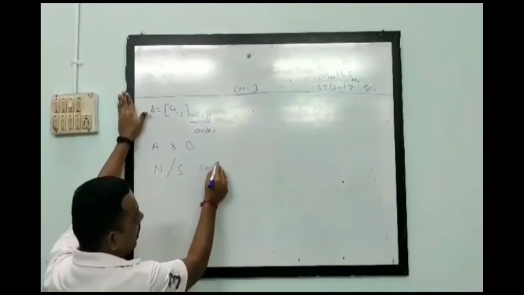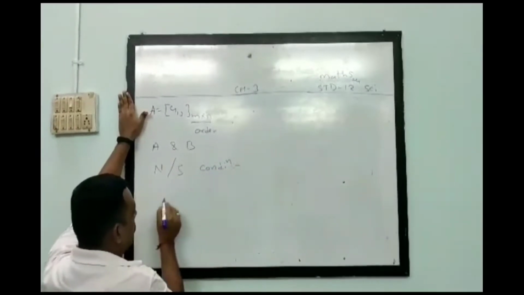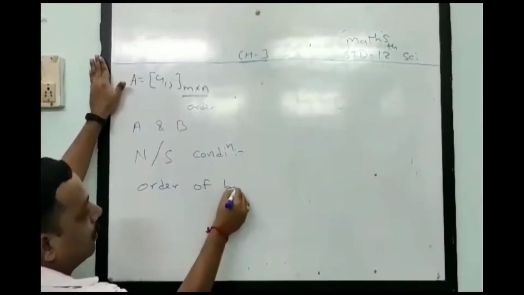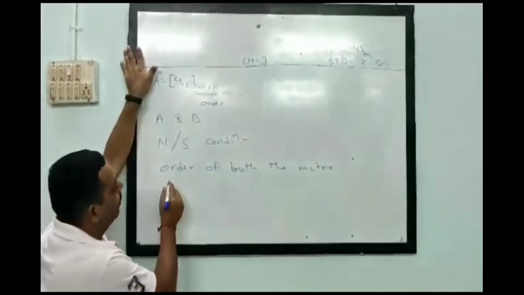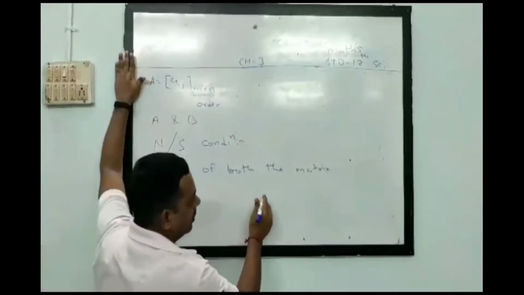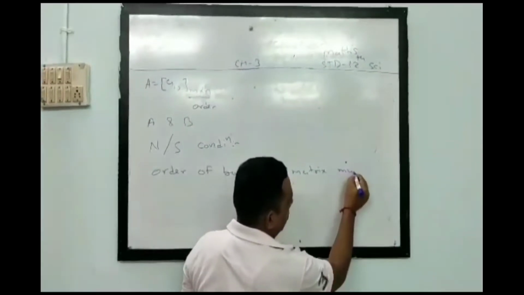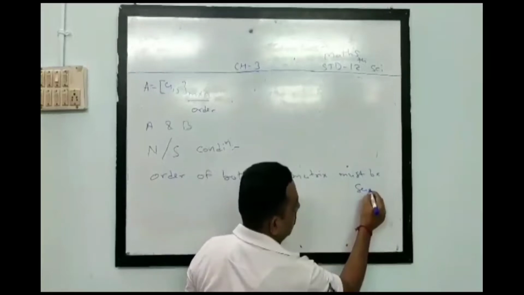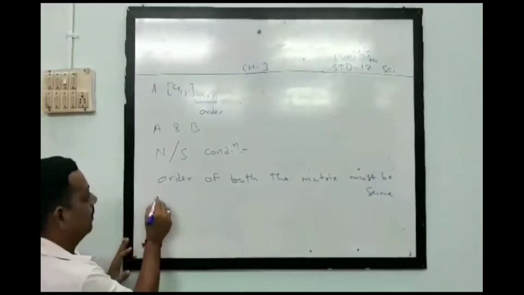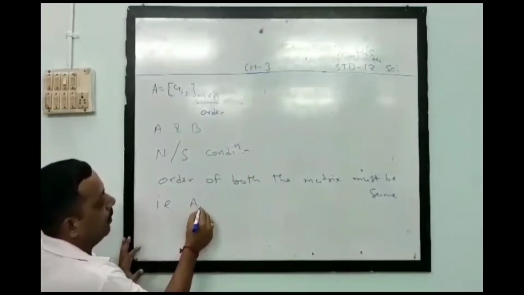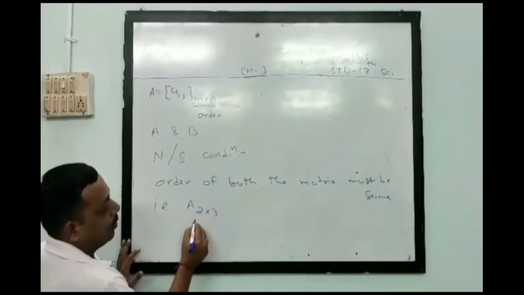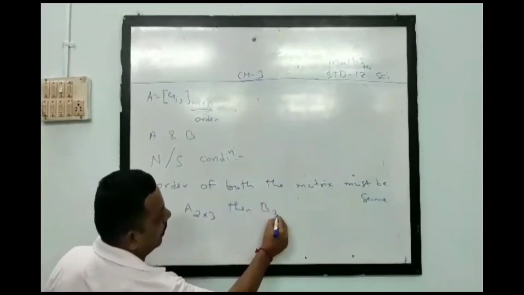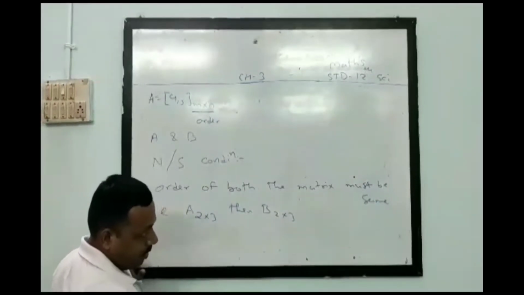That condition is that the order of both the matrices must be the same. That is, if A has order, for example, 2 by 3, then B also has order 2 by 3, then only addition is possible.